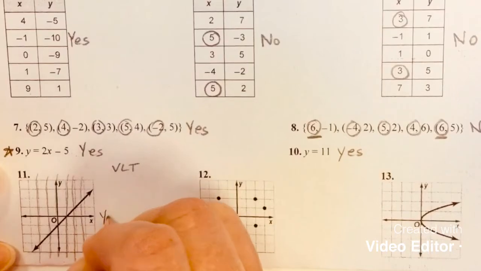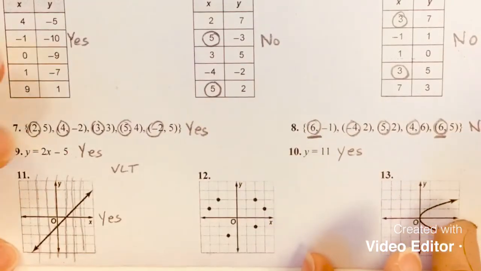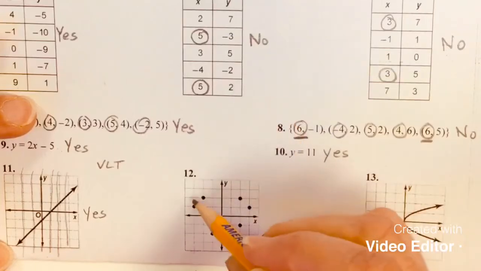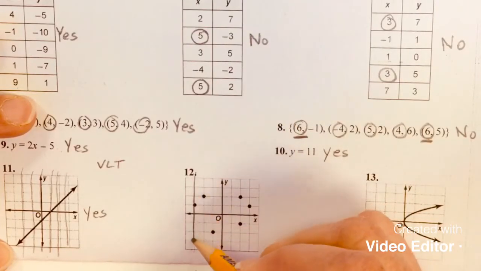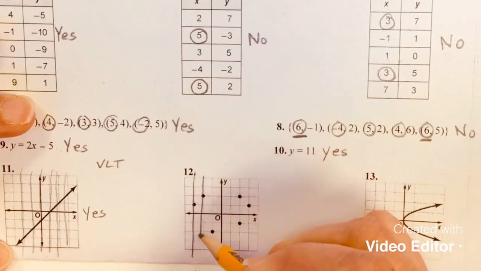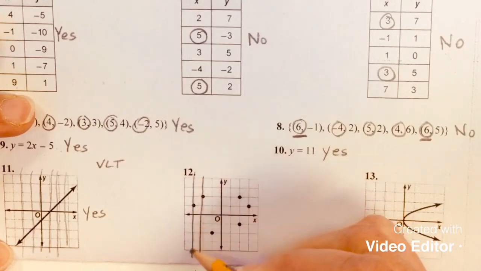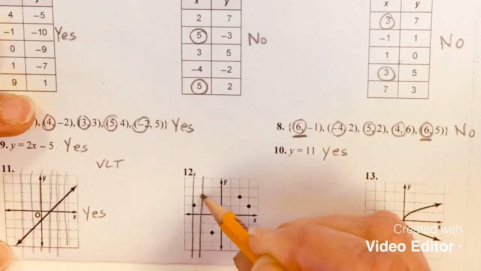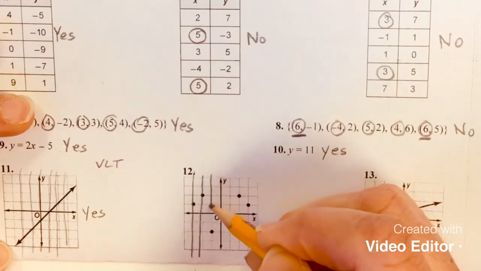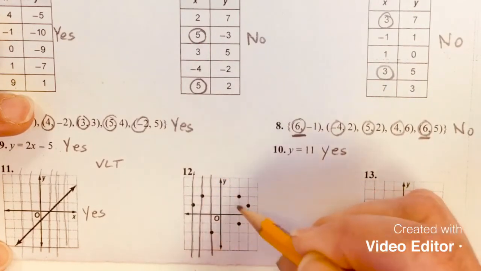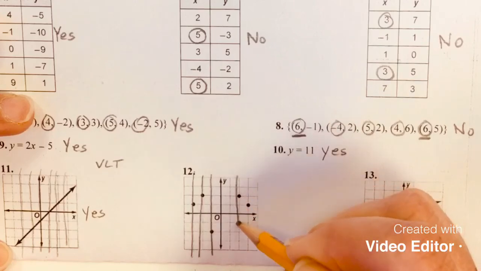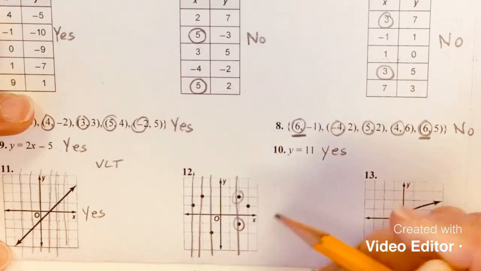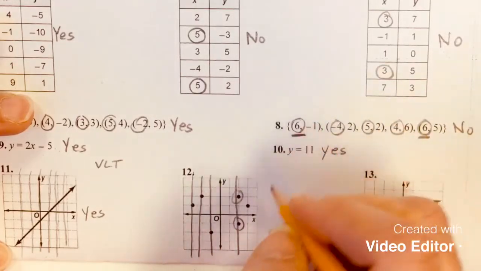So it is a function. Let's take a look here. If I put a vertical line here, it only gets touched once. When I put a vertical line here, it gets touched once. Here, once. If I put a vertical line here, oh, it gets touched twice. So it is not a function.